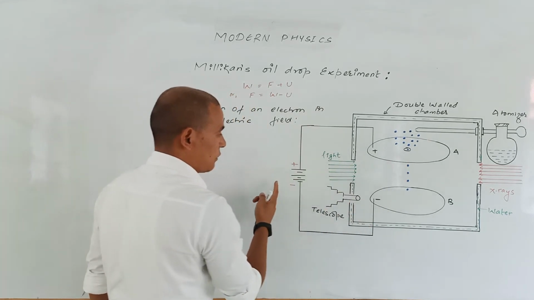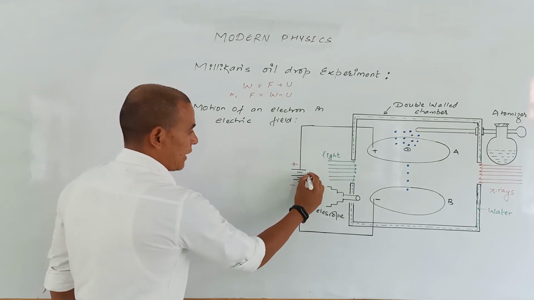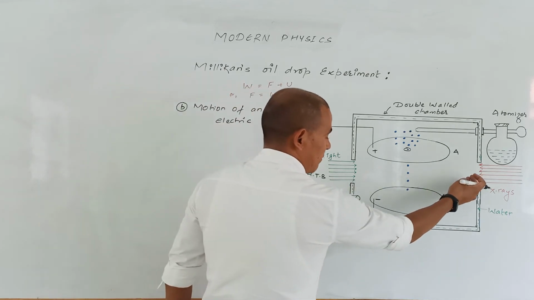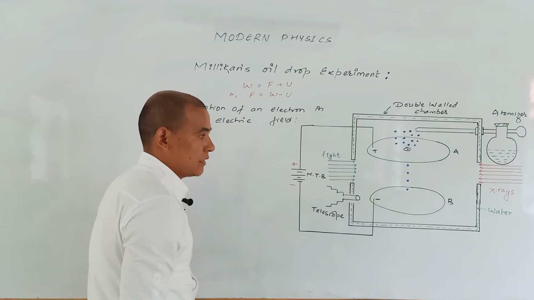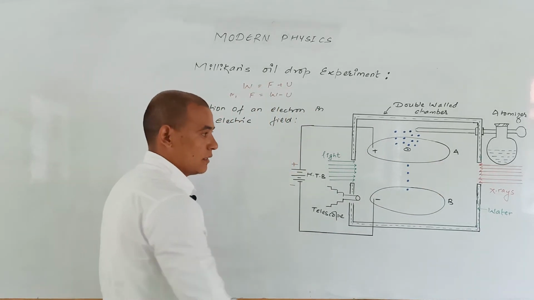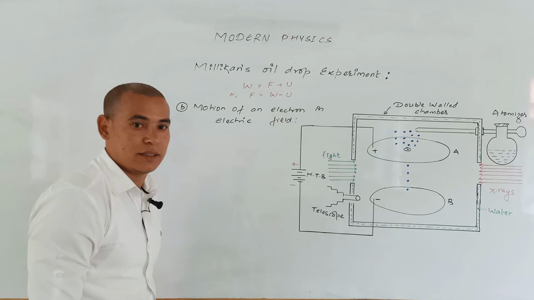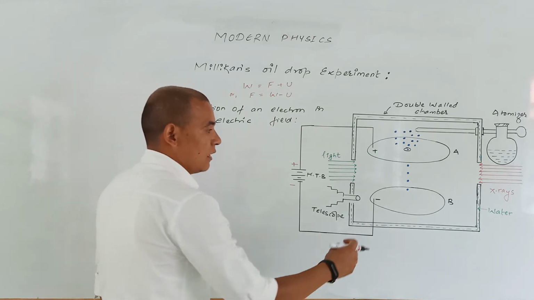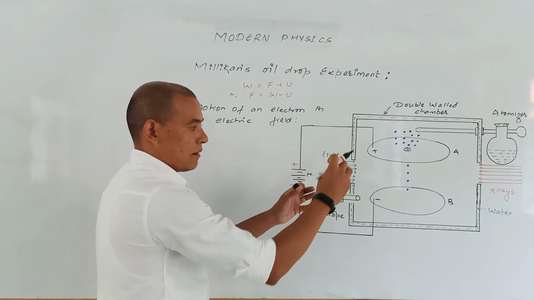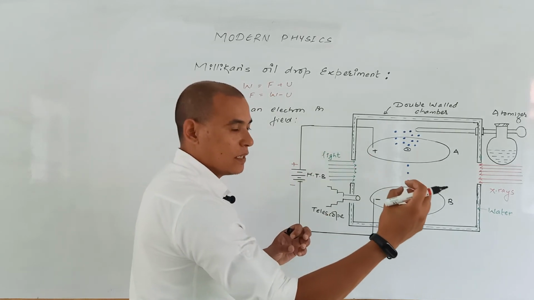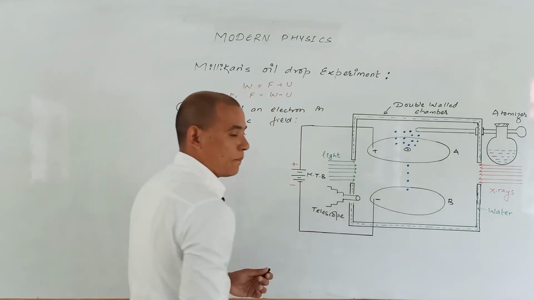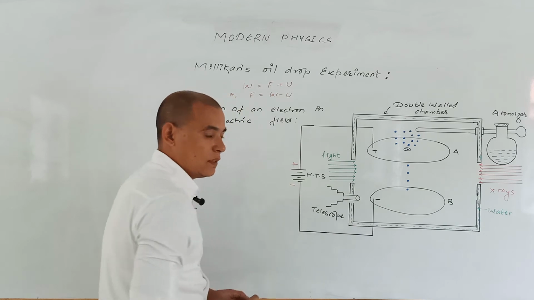Now the electric field is switched on. We can see here that a high tension battery is applied, and at the same time X-rays are also passed inside the chamber. The X-rays ionize the air molecules inside the gas. That means, with the help of X-rays, the air inside the chamber gets separated into positively charged ions and negatively charged electrons, and the electrons get attracted towards the oil drop.